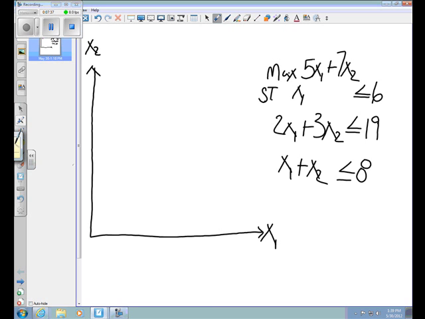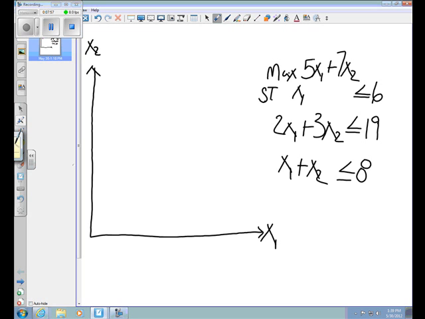You may remember that, where m is the slope, the rise over run, and b was the y-intercept. Well, in this situation, x1 is analogous to the x in that mx plus b, and x2 is analogous to the y in that equation.